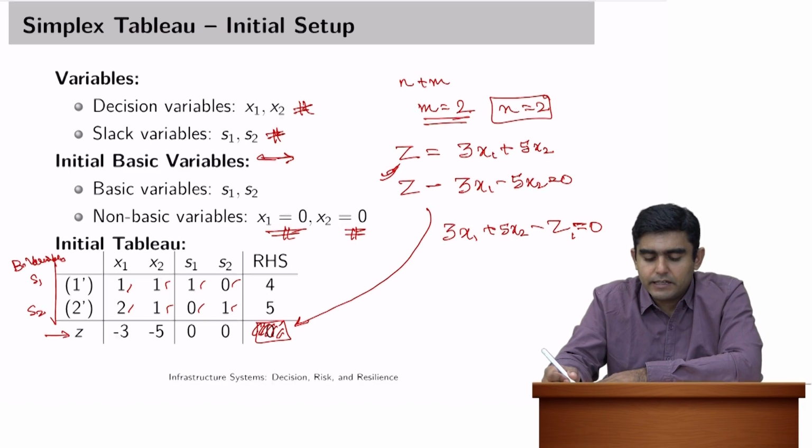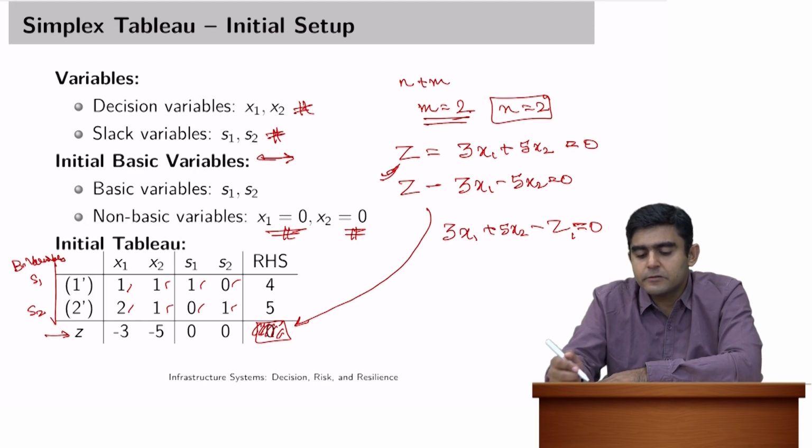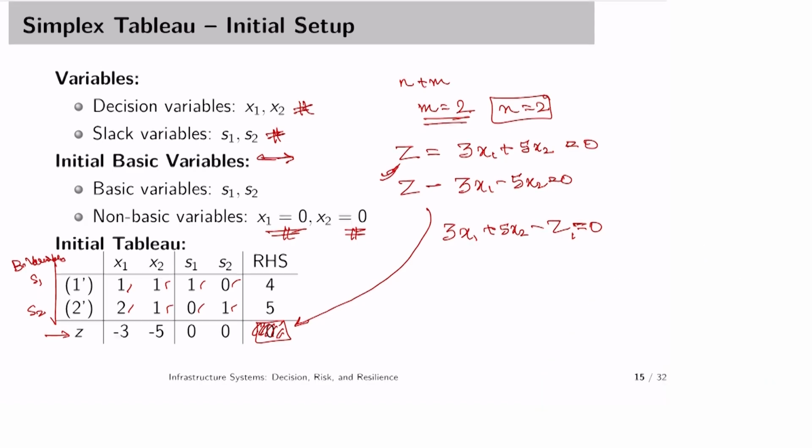Now when x1 and x2 equal 0, our objective function takes the value of 0, and we can certainly do better if this is a maximization problem. What is the best way to improve on 0? We start increasing the values of x1 and x2.